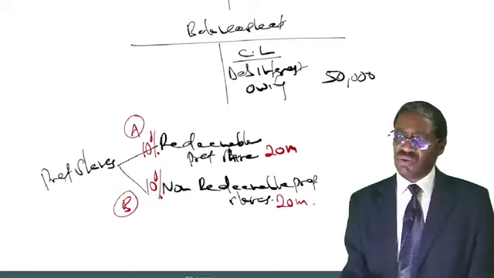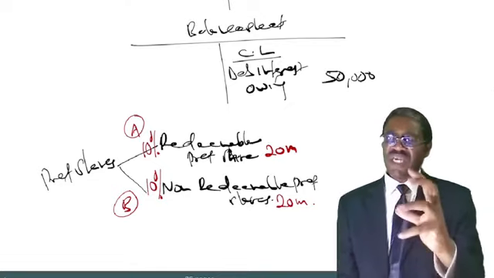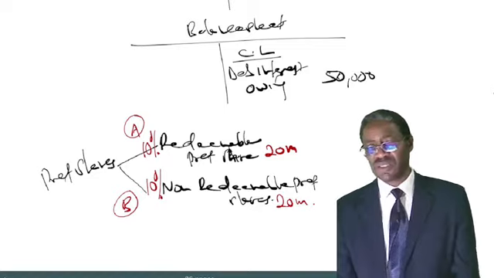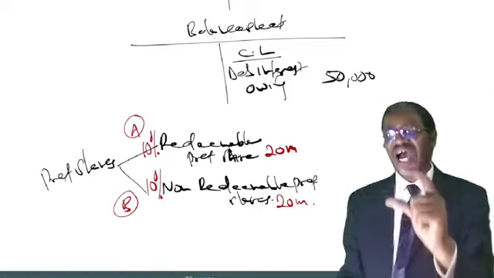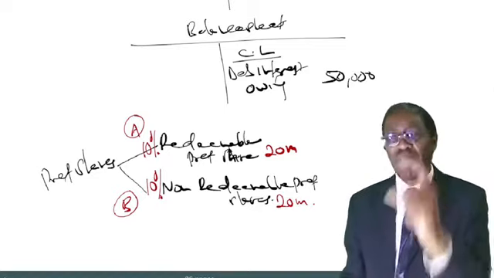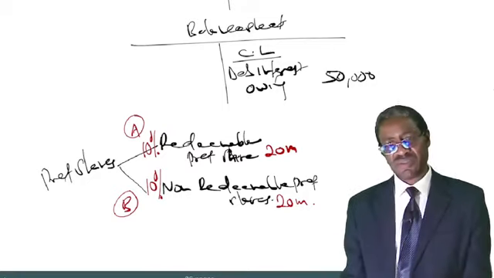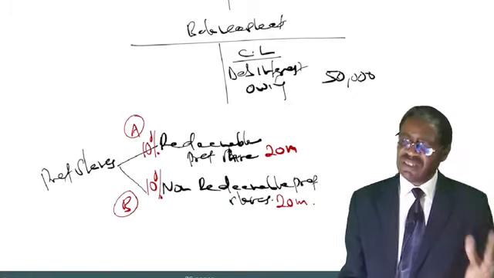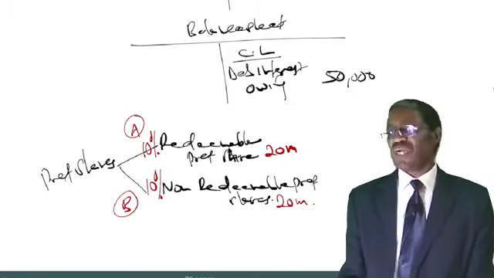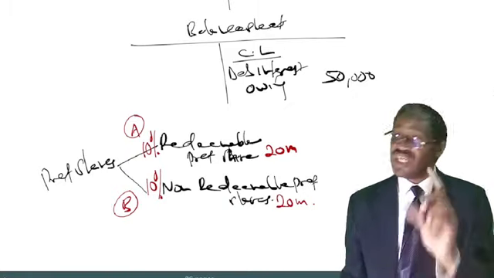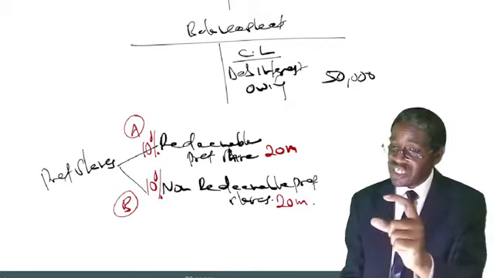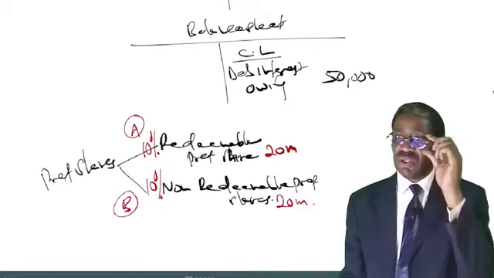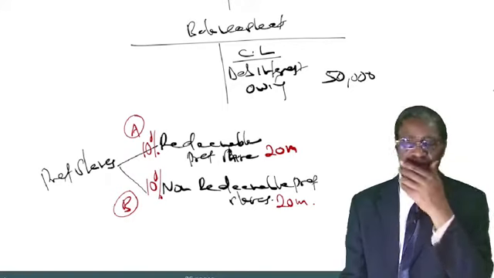Ten years ago, Company A wanted to raise finances. So they issued a 10% redeemable preference shares. Company B again, 10 years ago, wanted to raise finance. So they issued a 10% non-redeemable preference shares.